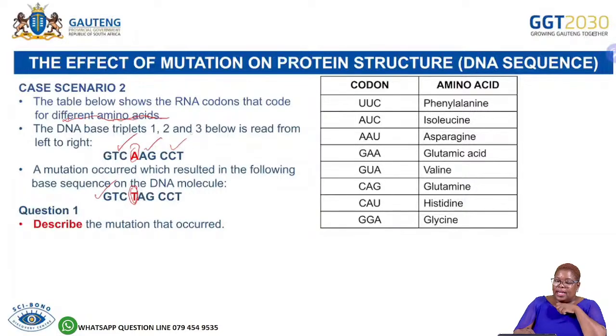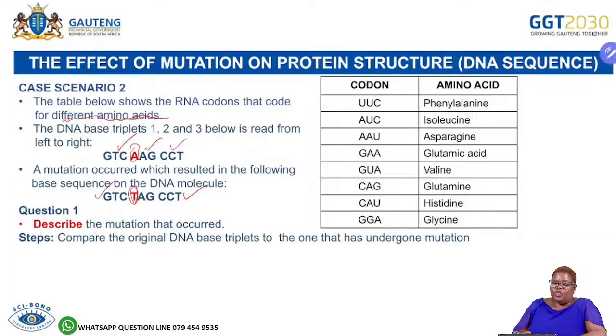We've got CCT, and then after mutation has taken place on the third triplet, we've got CCT. So the first and the third codons compared to the base sequence after mutation has taken place, they are the same except for the second codon. Can you see that? A is replaced by T. Right, describe the mutation that occurred. Yes, it is gene mutation.